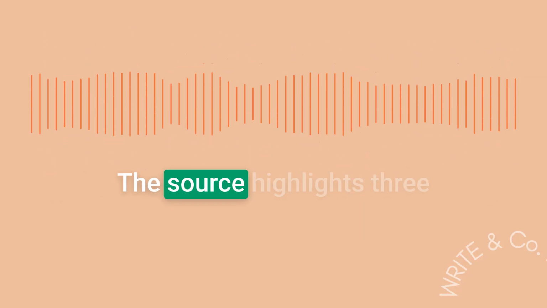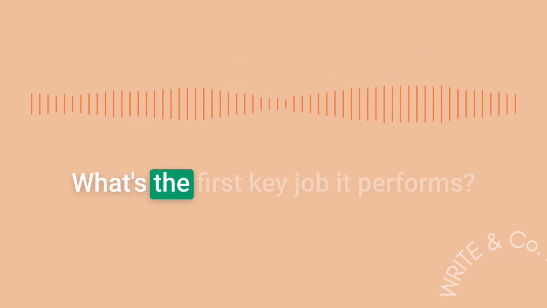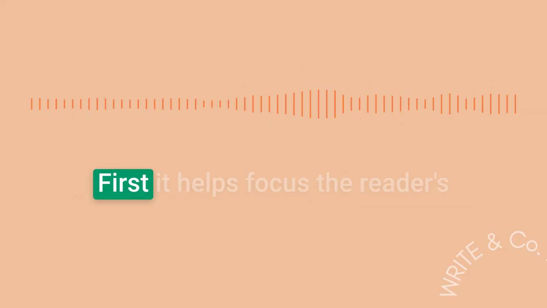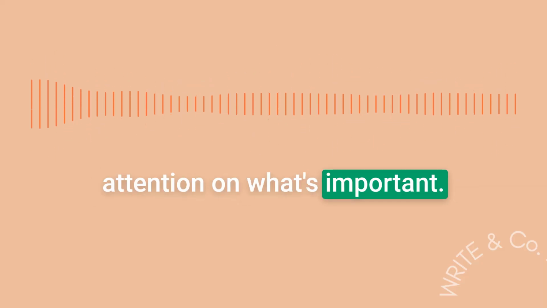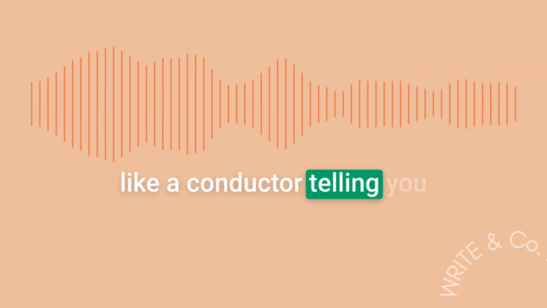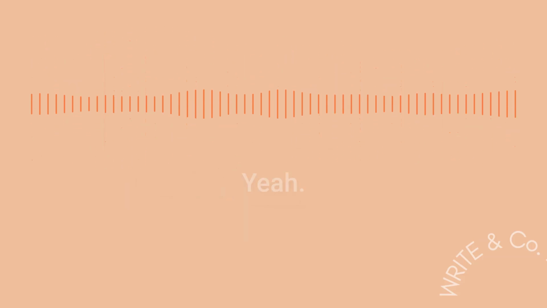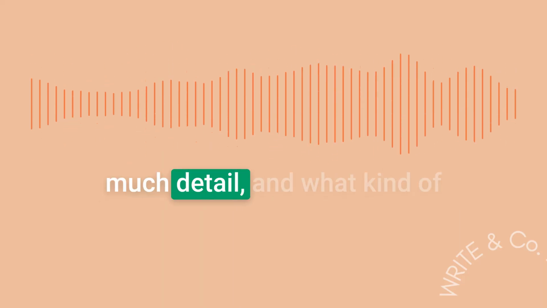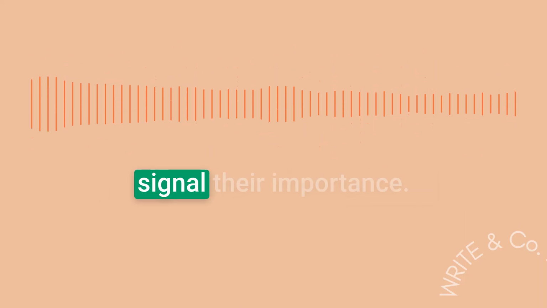Precisely. The source highlights three primary functions of a truly effective character introduction. What's the first key job it performs? Okay, first, it helps focus the reader's attention on what's important. I like the source's analogy of a conductor telling you which instrument to listen to. Right. And how loudly. That's a great analogy. By how much attention, how much detail, and what kind of action you give a character in their introduction, you signal their importance.